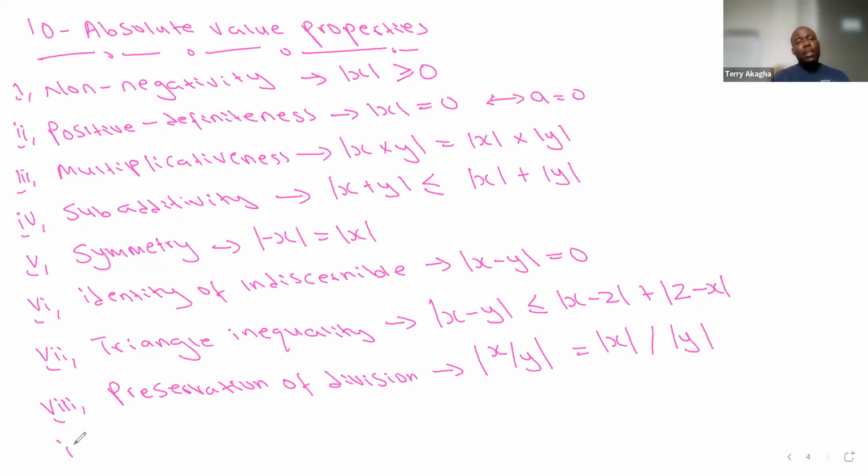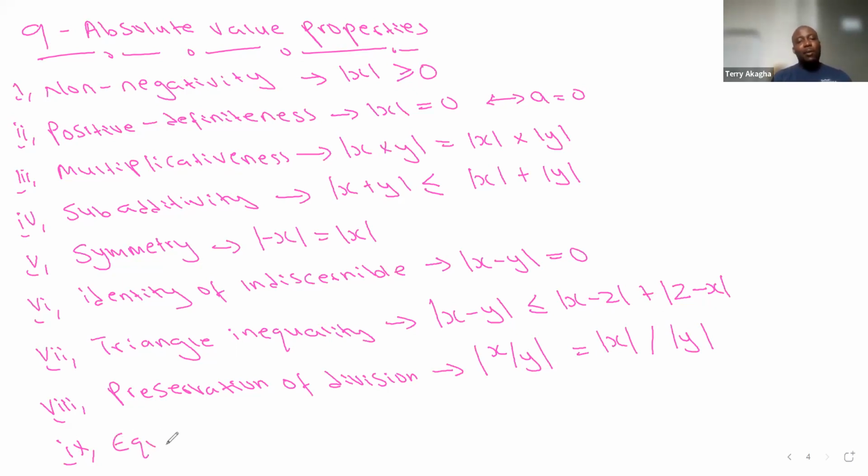And the 9th one, I think let's just leave it as the 9 properties, okay? The 10th one is really, really tricky. It's a derivative from the other one. So let's leave it at 9 absolute value properties. The 9th one is called the equivalent of subadditivity.